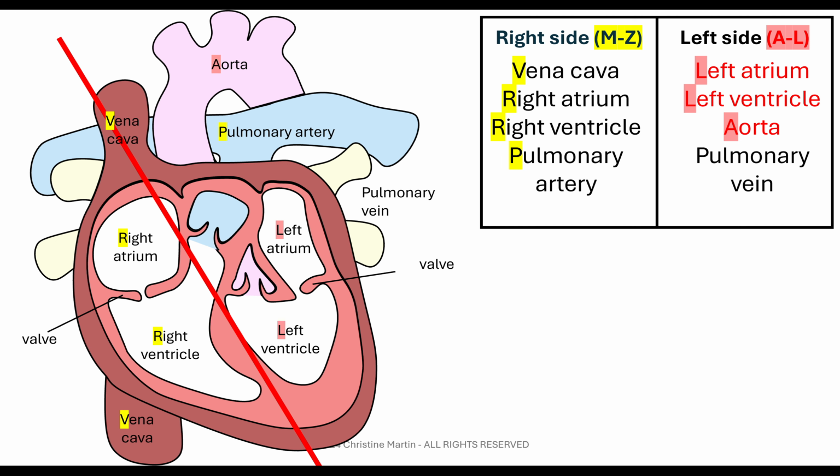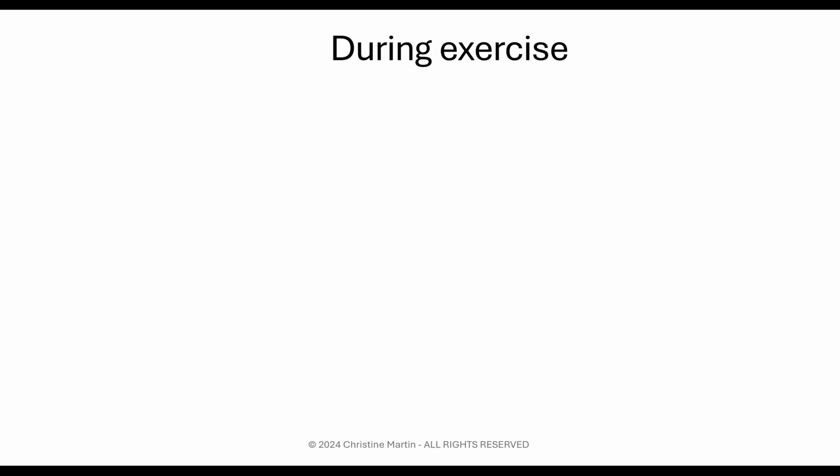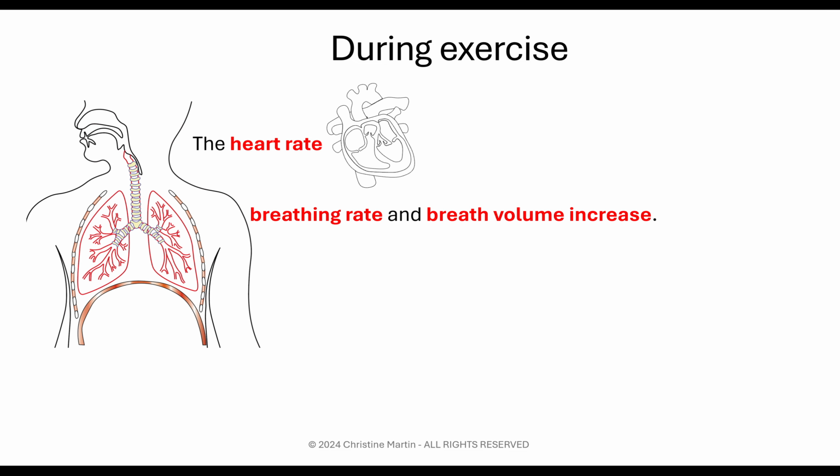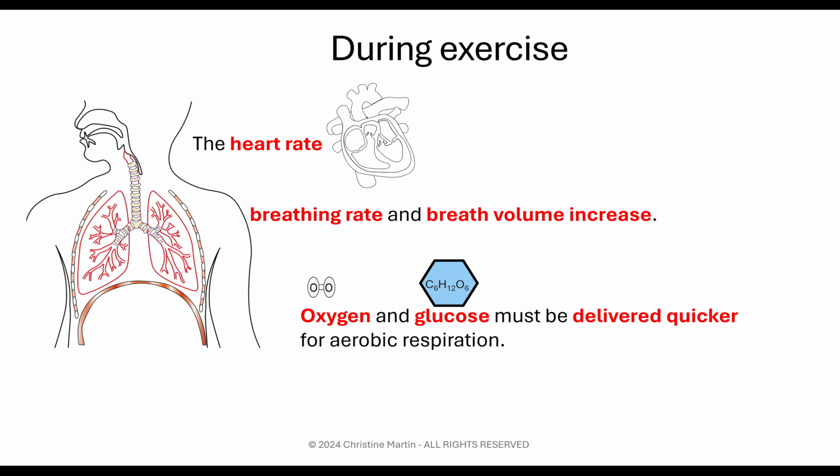So during exercise, when you are wanting to ensure that you are able to sustain the exercise, what's going to happen is your heart rate is going to increase, your breathing rate is going to increase, and your breath volume is going to increase. Why is that the case? Well, remember, we're linking this to bioenergetics, to respiration, we needed oxygen and glucose for aerobic respiration to occur.